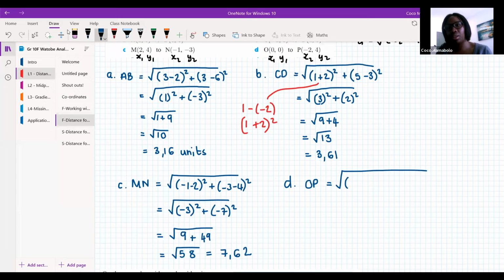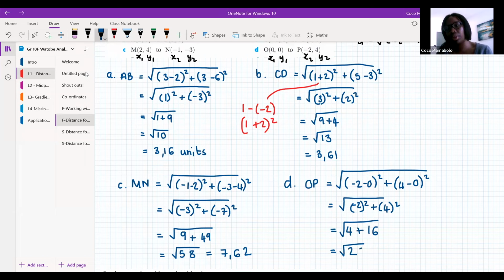That will give me -2 minus 0, not plus, -0 all squared plus 4 minus 0 all squared, which is equal to the square root of 4 plus 16, which is equal to the square root of 20. And that's equal to 4,47.